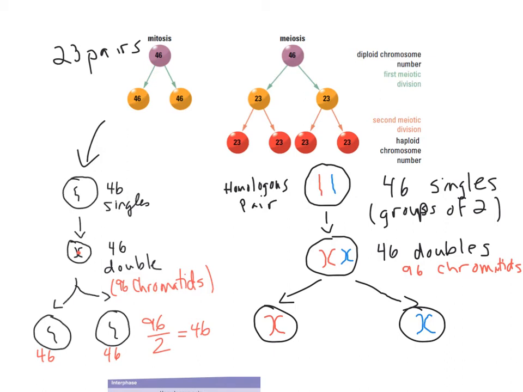What do I have now? Well, I have 23, but they're 23 doubles, right, in each cell. So that's going to give me, in each of these cells, 23 doubles, which means 46 chromatids.